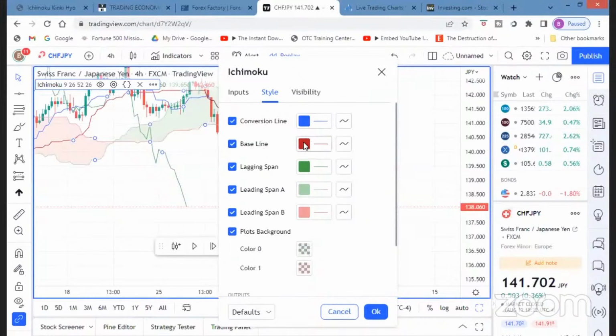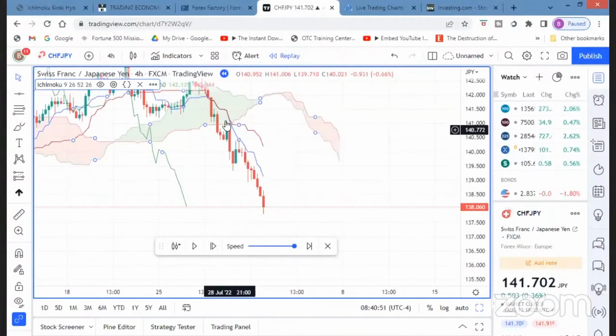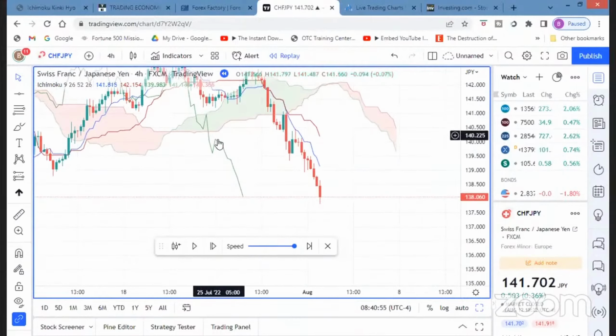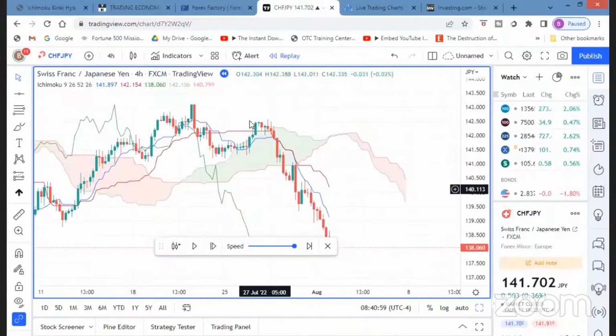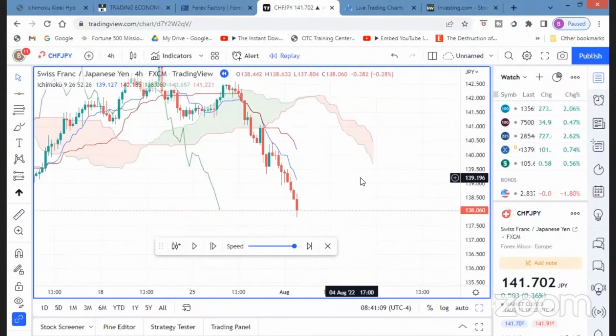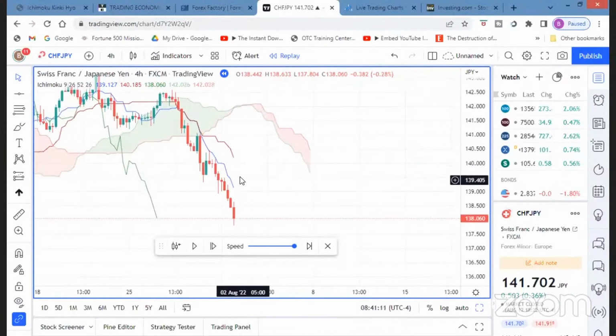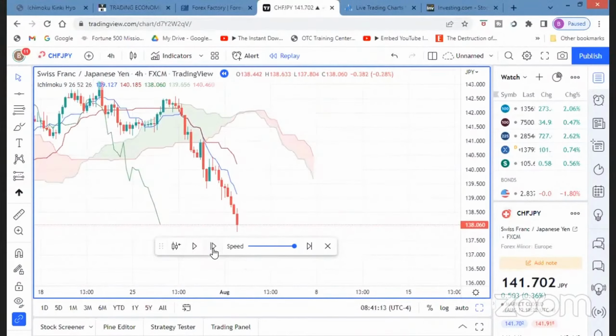That's your Kijun, your 26. This is your 9. Look at the crossover there and how it's pressing price straight down. Look at your Chikou span. Look at the breakout. Gotta love cloud breakouts. We close, bang. So now to look for signs of reversal, let's move it forward.